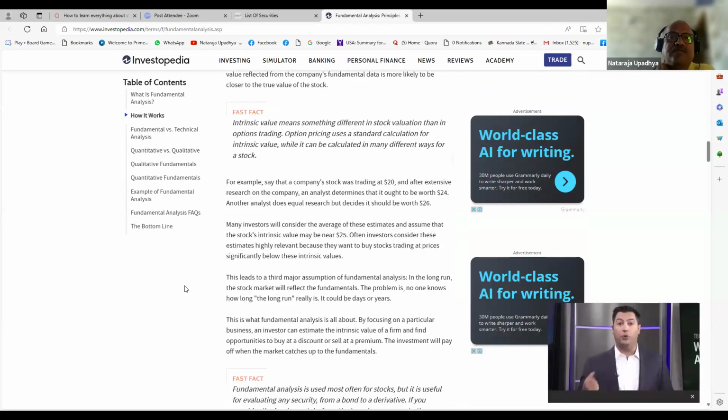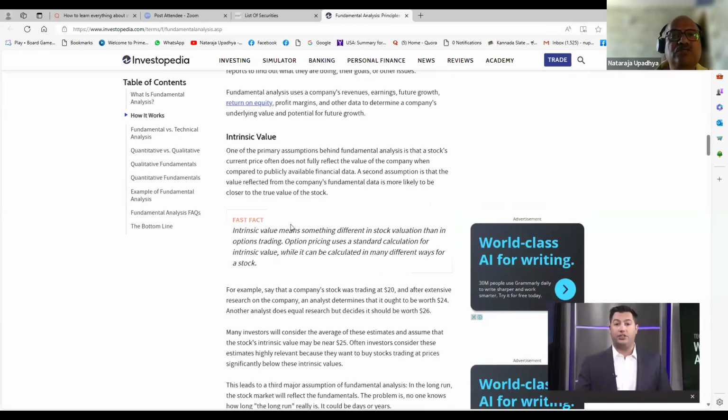So the intrinsic value, what is intrinsic value? A stock's current price often does not fully reflect the value of the company when compared to publicly available financial data. That means there is a gap between the value a company enjoys in the market versus its intrinsic value.